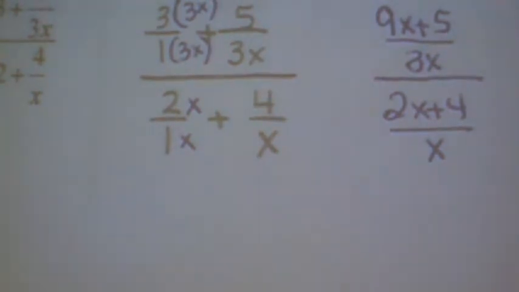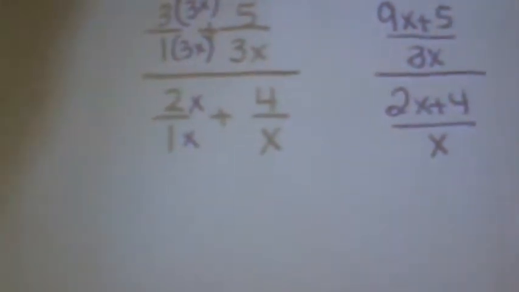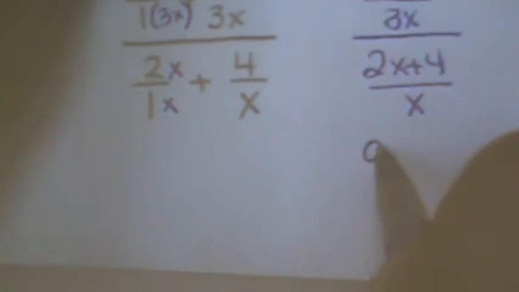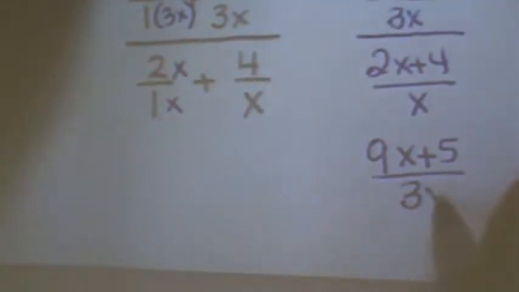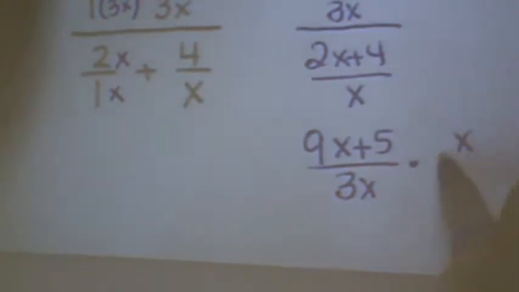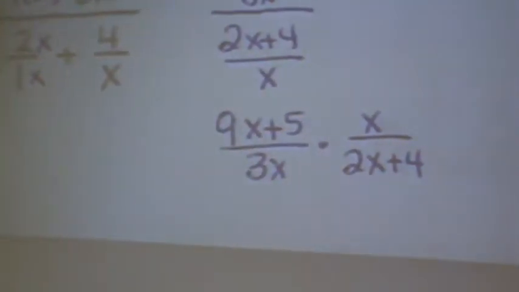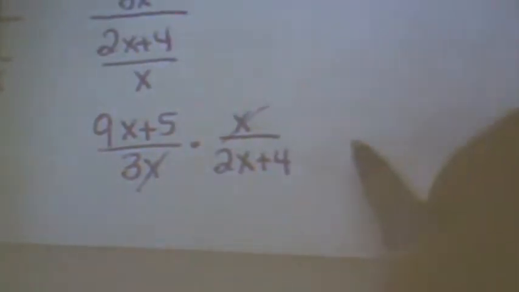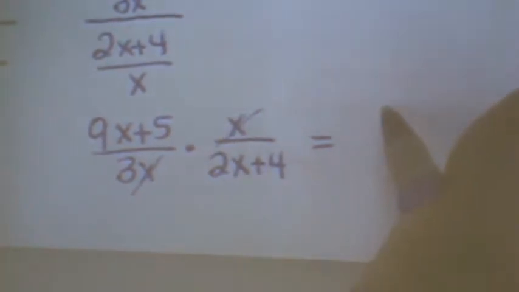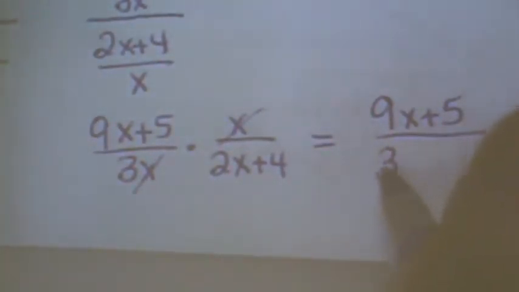Now we can flip and multiply. What cancels? Not much. Just an x. So you have 9x plus 5 over 3 times 2x plus 4.